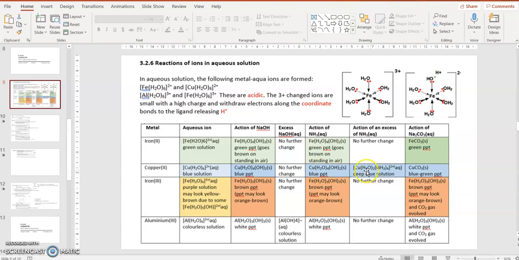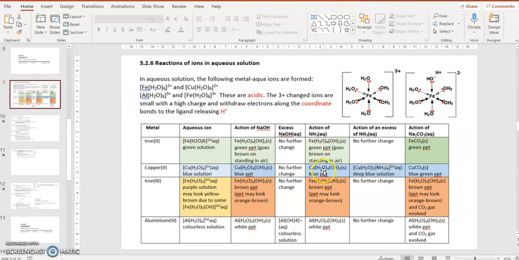But then it goes on to react again, and 2 of the waters and the 2 OH minuses are replaced by NH3s. So you form 2 waters and 4 NH3s, and it's 2+ because the waters and the NH3s have no charge and the copper's got a 2+ charge, and it forms this deep blue solution.